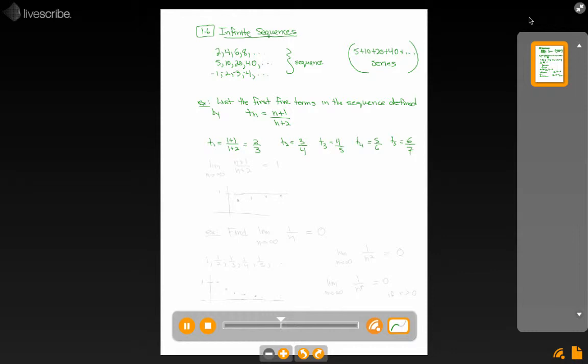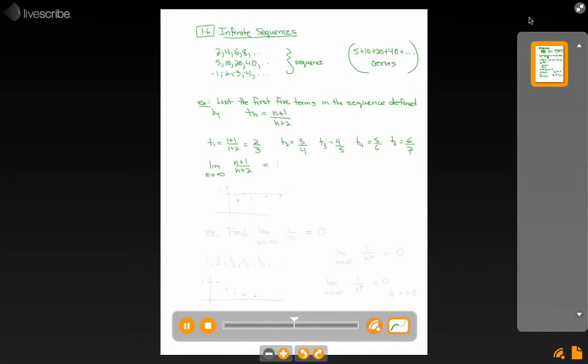Really what we're getting to, and why this is called infinite sequences, is we're going to say, well, what's the limit as n goes to infinity of (n plus 1) over (n plus 2). So as I put in larger and larger numbers, 10, 20, 30, 40, 40 million, 500 trillion, whatever, what you'll see is that you'll always have a denominator that's just one number higher than the numerator.